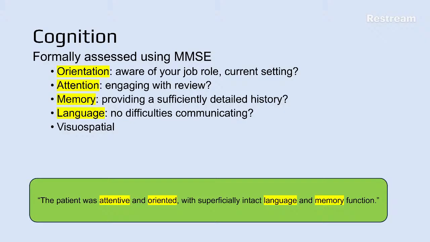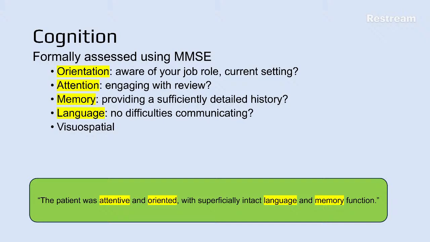Great. So orientation, things like whether the patient is aware of your job role, that you're a GP trainee or an F1 or F2, say. And then are they aware that you are in the GP practice, for instance, that is, are they aware of their current setting? Attention has to do with whether or not they're engaging well with the review.